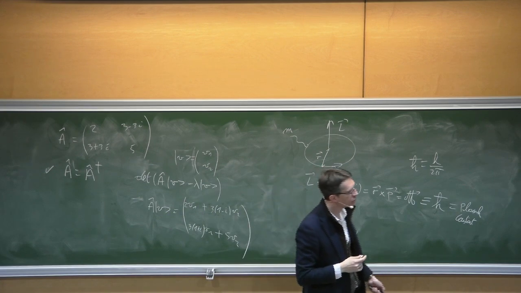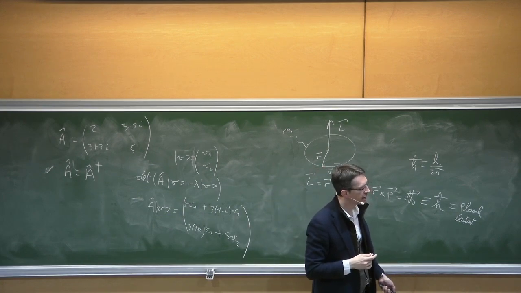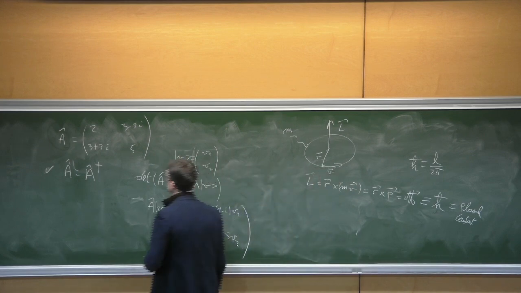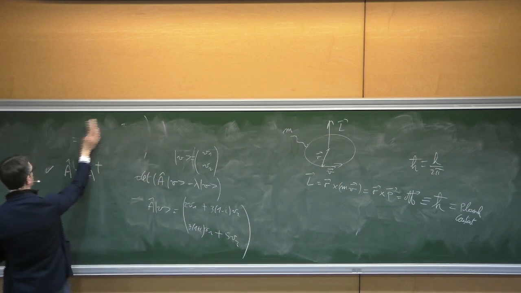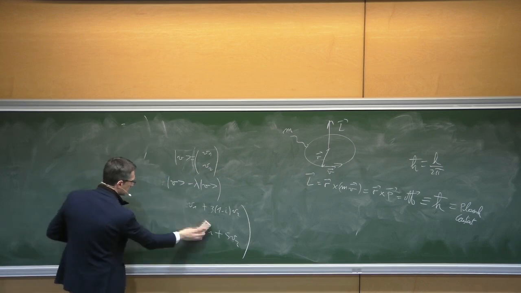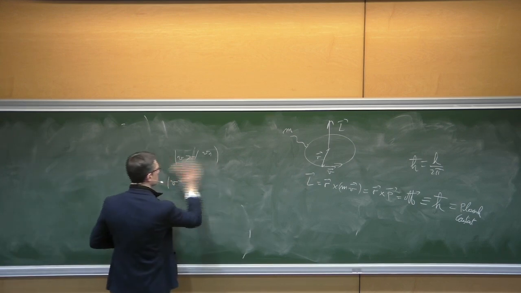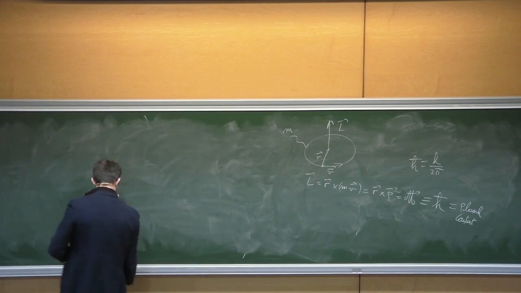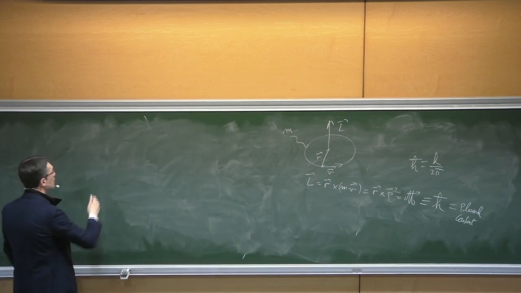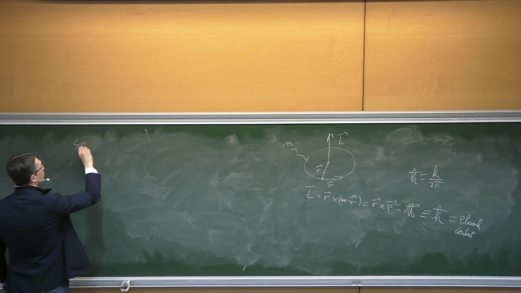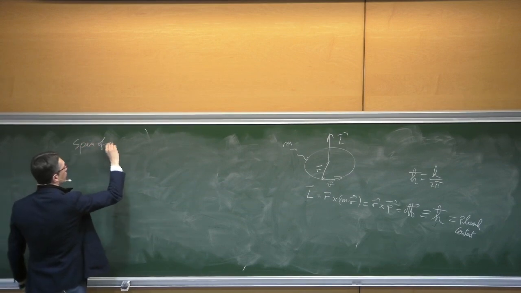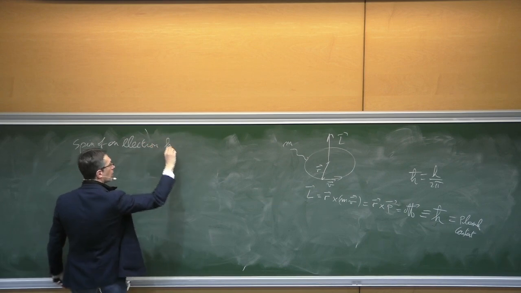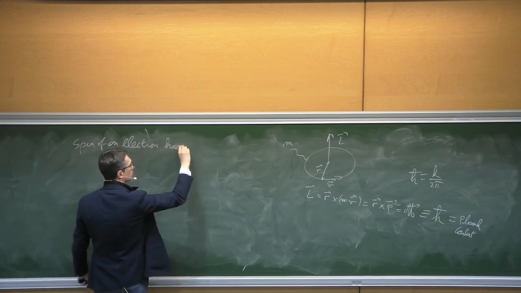So if I want to write that in a matrix way, let's write it. So the spin of an electron has two states.